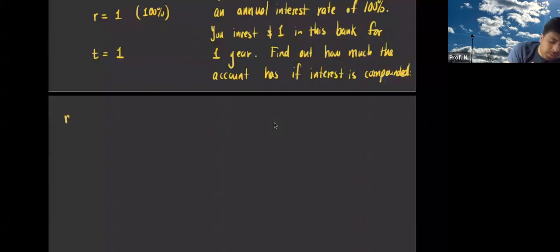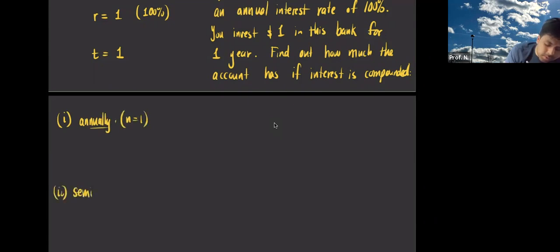I'm going to do it when the interest is compounded annually. That means that my n value is 1. I'm going to do it semi-annually. My n value is 2. So on and so forth.